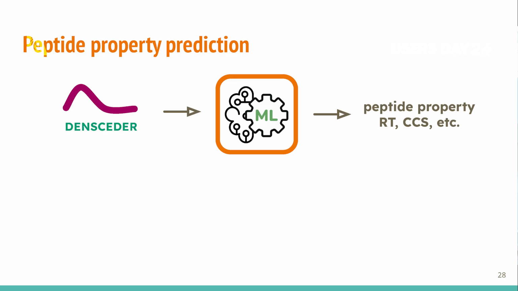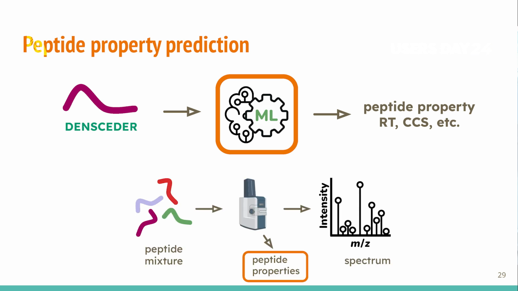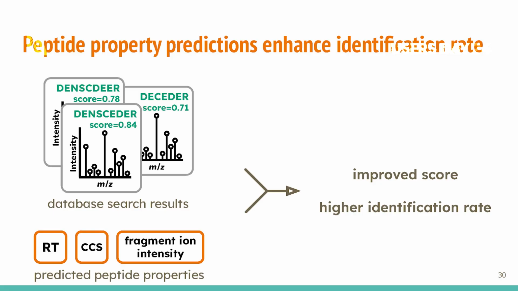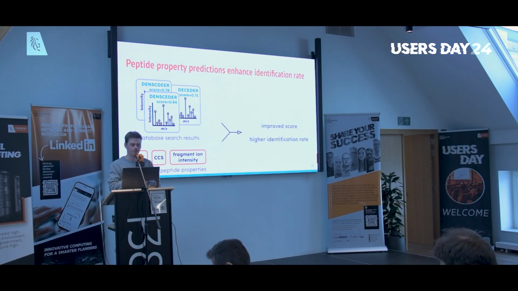For these models, the peptide sequence is the input, and then some properties that are also related to the mass spectrometry, that are usually outputted by these machines, are predicted to then combine with the results of the database search to get an improved score and a higher number of peptide identifications.